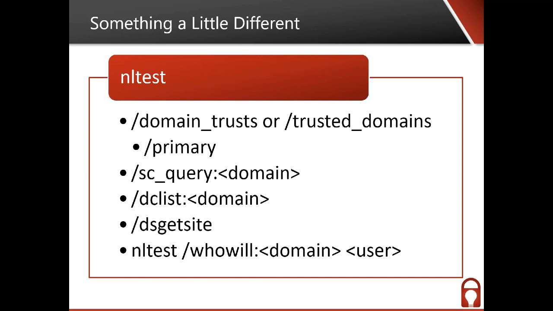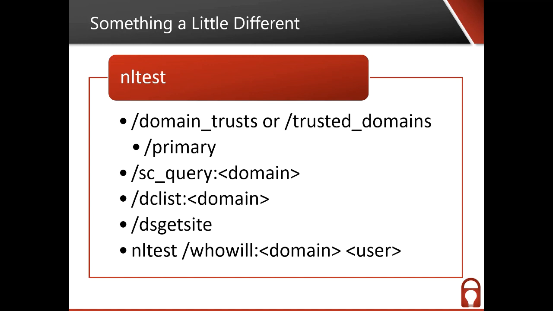The first one on the list there, the domain trusts or trusted domains either will work, will show you all of the other domains the current domain you're connected to trusts. Once again, any domain that is trusted or part of a trust relationship starts expanding the security boundary further and further in other locations that you can start looking at information and potentially start attacking.